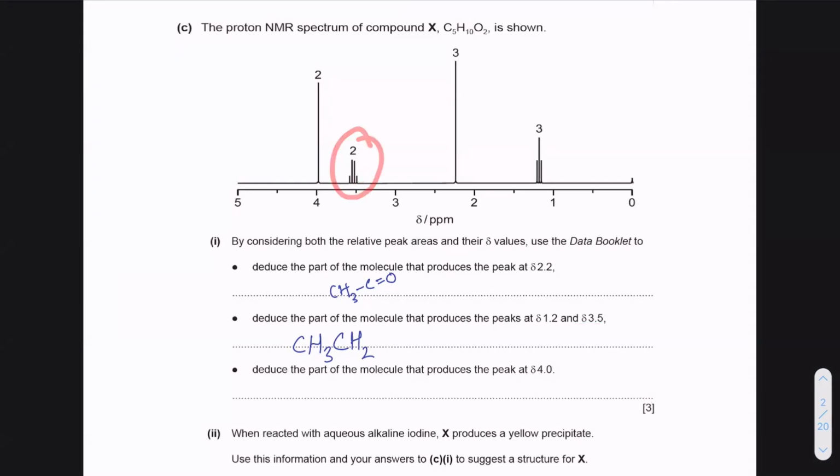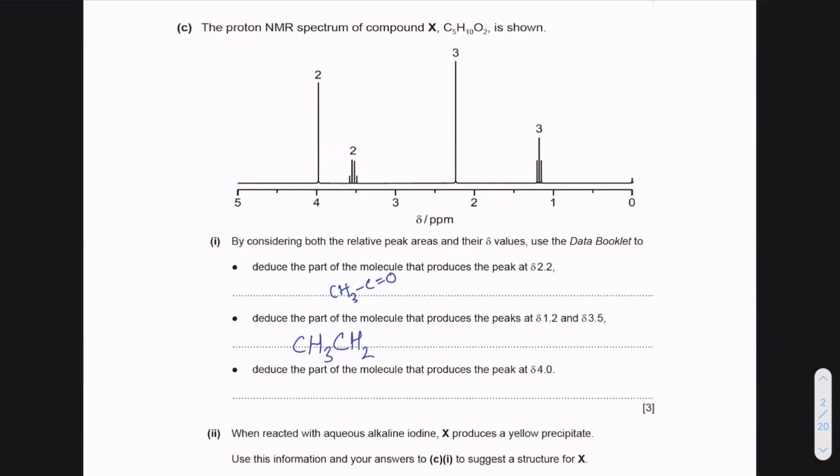3.5 पे I have a 2 hydrogen thing with 3 hydrogen neighbors. So that's clearly this 2 having 3 neighbors, but 3.5 किसकी range में आती है?